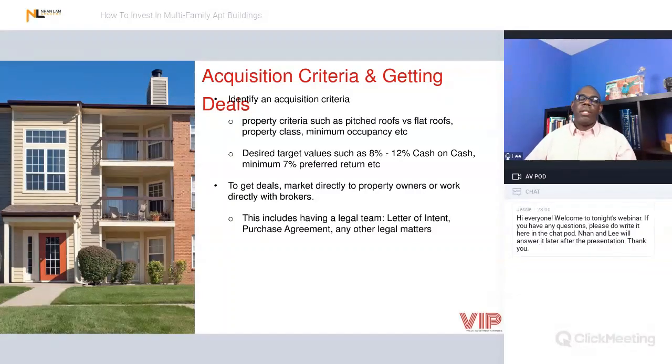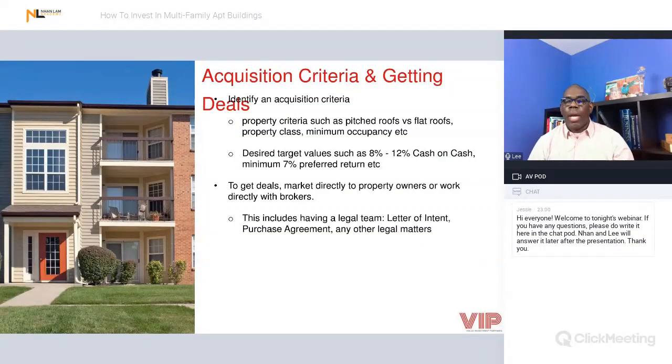So you have to identify what your acquisition criteria is, right? You have 4 different classes of assets, and you have 4 different classes of areas, right? A properties in A areas are the absolute best type of opportunity, and D class properties in D areas are the ones that basically have a lot of work that needs to be done, right?